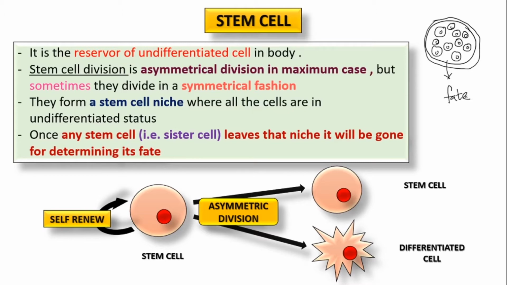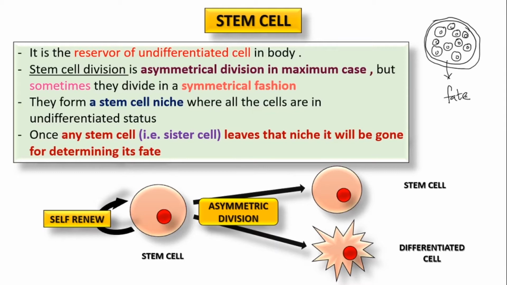This fate might be epithelial cells or gastrointestinal cells or nervous system cells. Several kinds of cells might be formed.